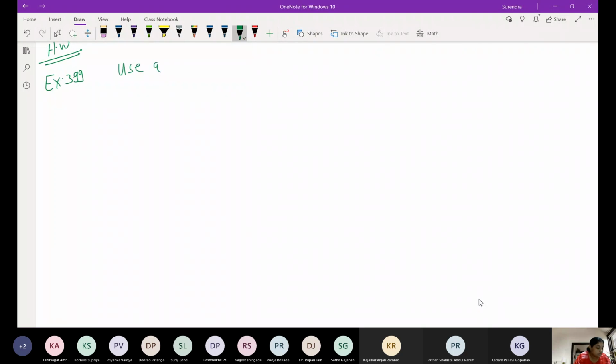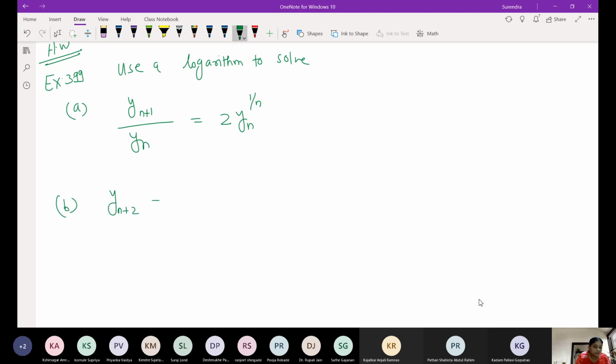Use a logarithm to solve: a, y at n plus 1 divided by y at n is equal to 2 times y at n raised to 1 by n, and b, y at n plus 2 is equal to n plus 1 times y at n square.